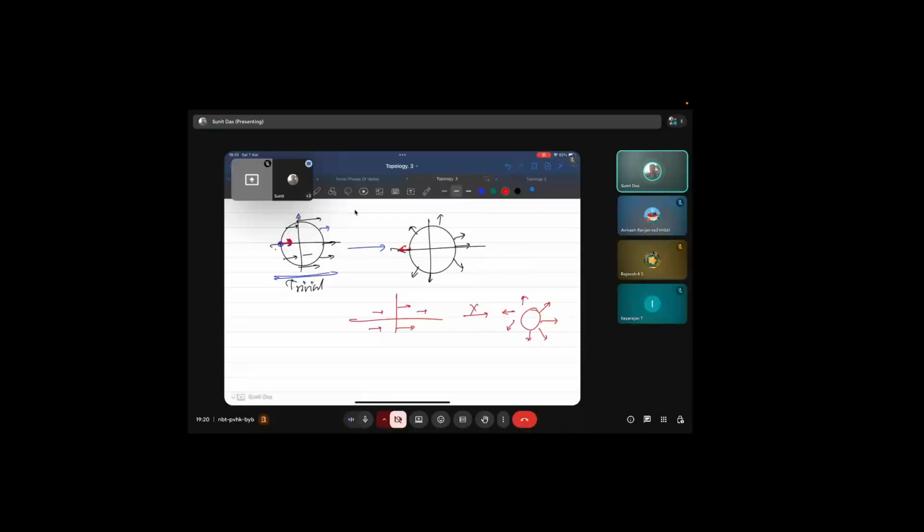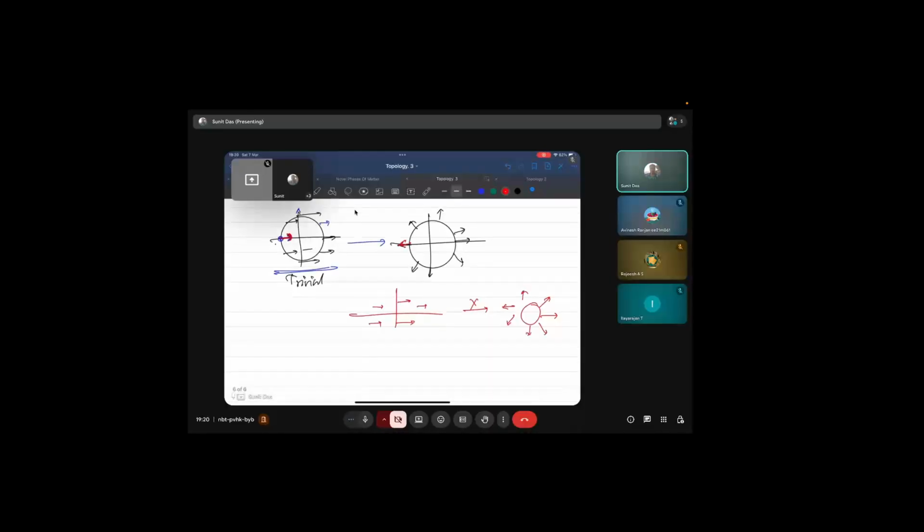Continuously you can rotate, but within the plane also, so let me draw it and then explain.